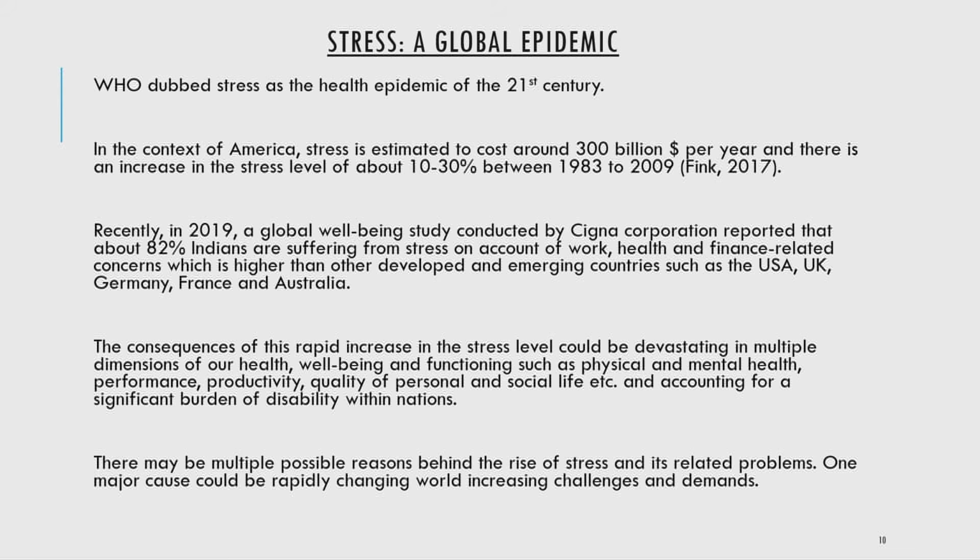This is one of the statistics which shows how rapidly stress is increasing and how much cost a country has to bear because of this rise in its impact on the health and well-being of the people. We will look into all these dimensions in more detail.